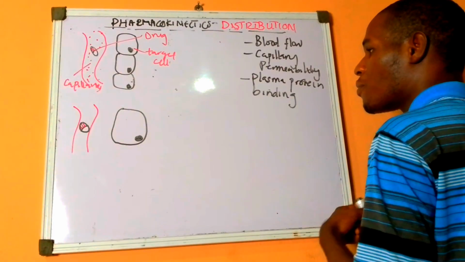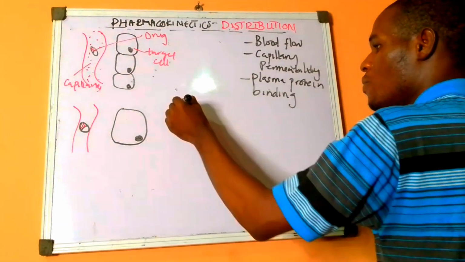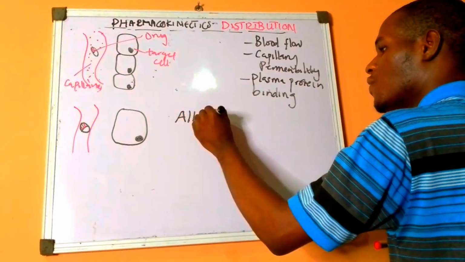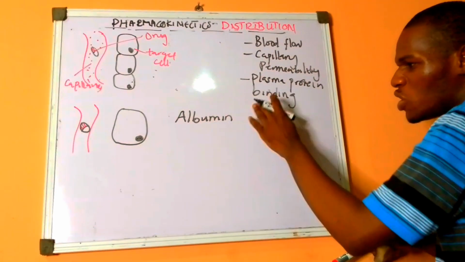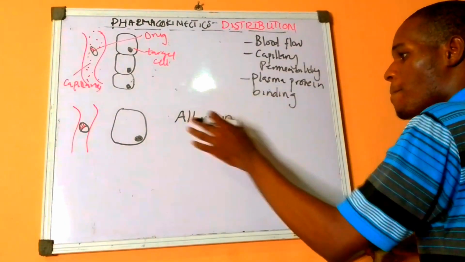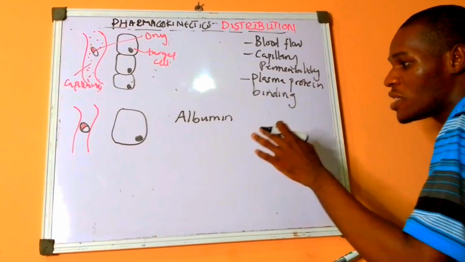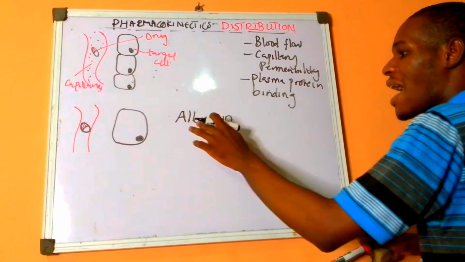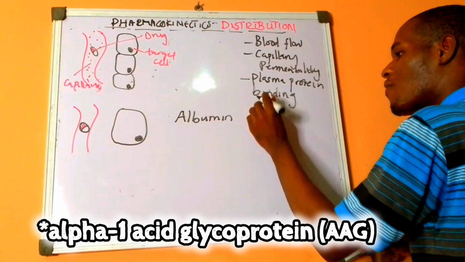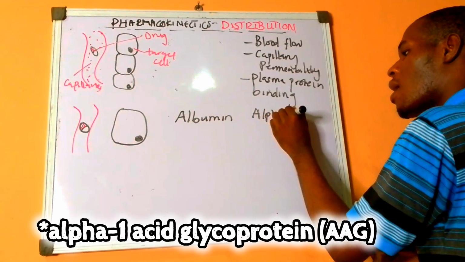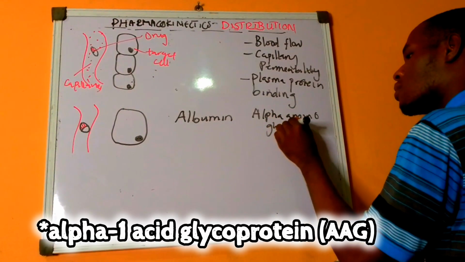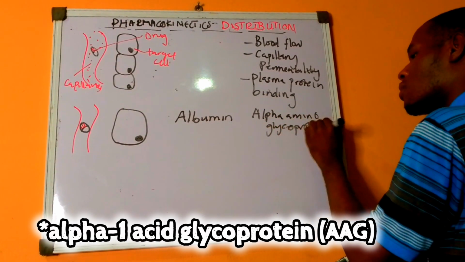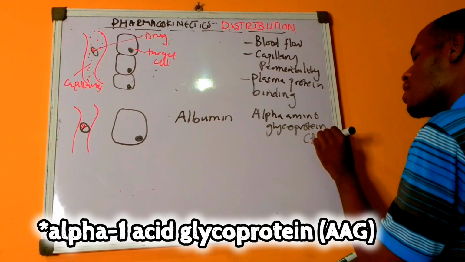An example of a protein is albumin. We should all know this from our blood physiology. Albumin, and we have globulin, which also binds to a few drugs, but basically these are the plasma proteins that bind to most drugs that we take. Albumin and alpha-1 acid glycoprotein, which is the AAG.